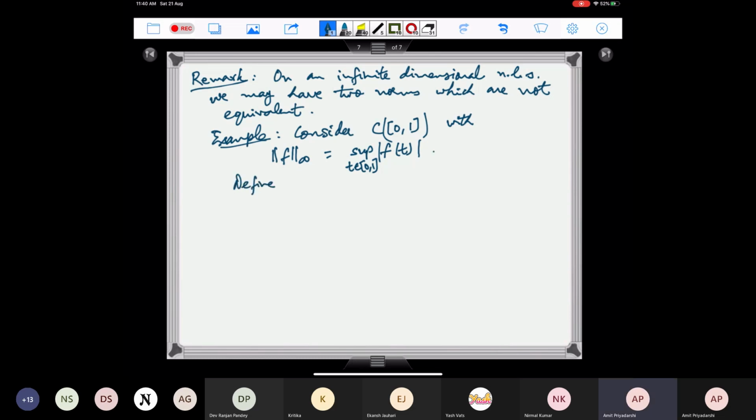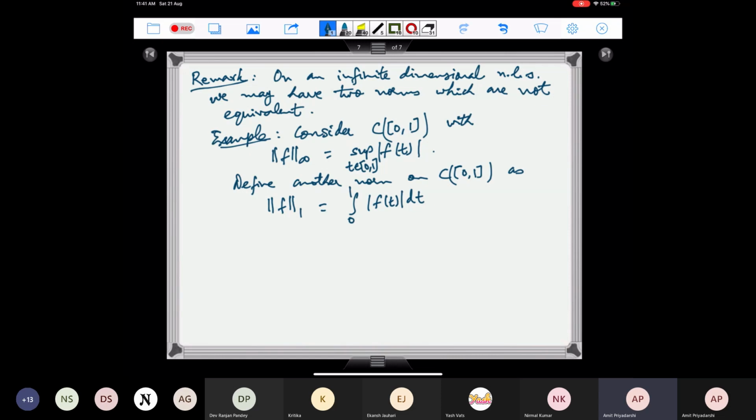Also, we will define another norm on C[0,1]. Norm f 1 is equal to the integral of mod f(t) dt from 0 to 1.